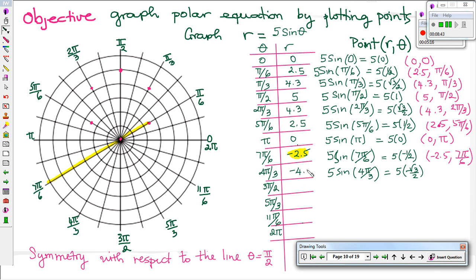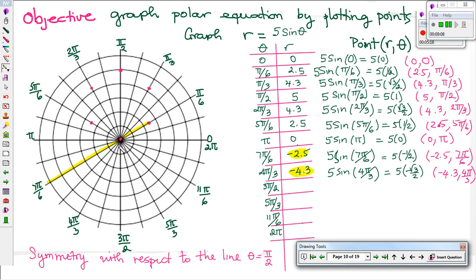So that will give us negative 4.3. Again, we do have a negative directed distance. So when we plot the point, we have to be very careful. So we'll go ahead and plot the point negative 4.3, comma 4 pi over 3.